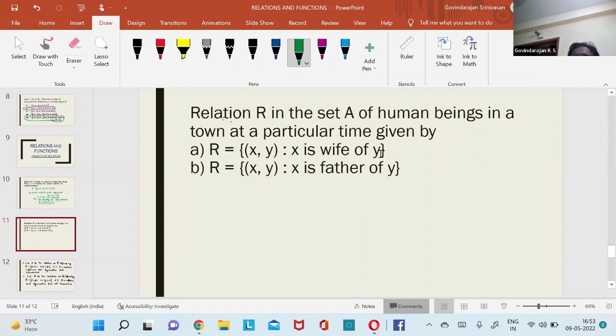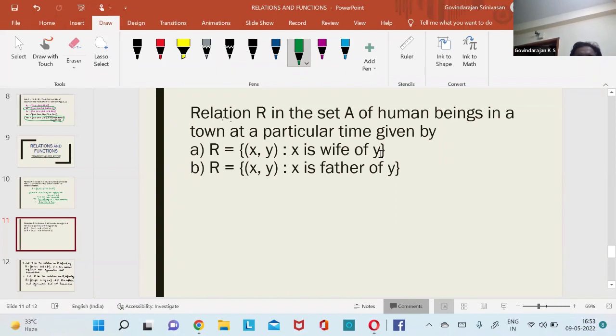X is a wife of Y, which means Y is a male, so Y cannot be a wife of anybody else. Therefore the second element is not possible here. That is very clear. Therefore, it is transitive because we can't say it is not transitive.